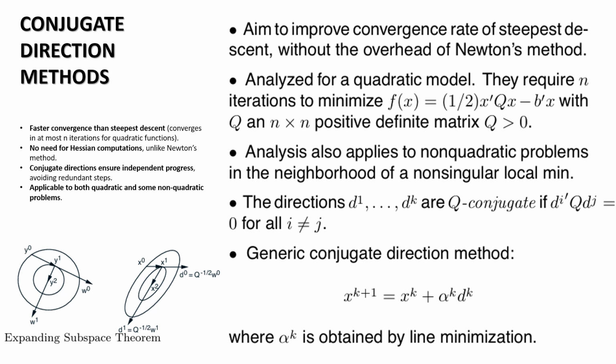In steepest descent, successive search directions are often aligned, leading to slow convergence. Conjugate directions avoid this issue, ensuring that progress is made independently in each direction.